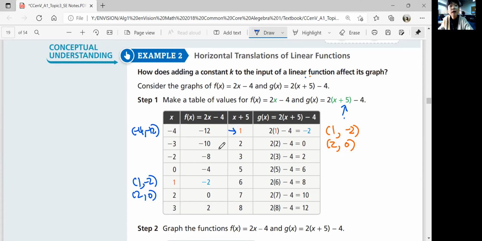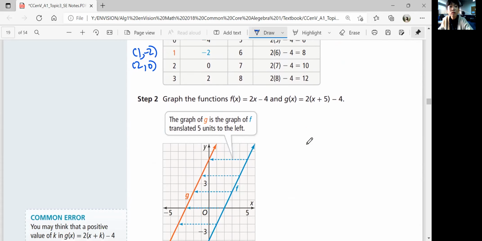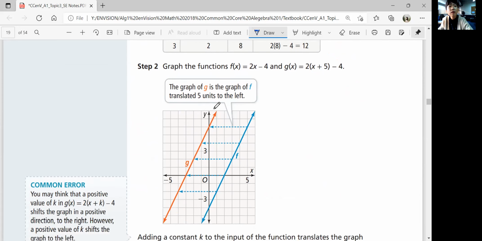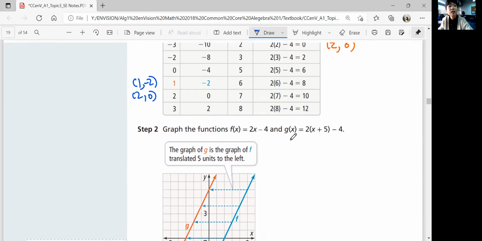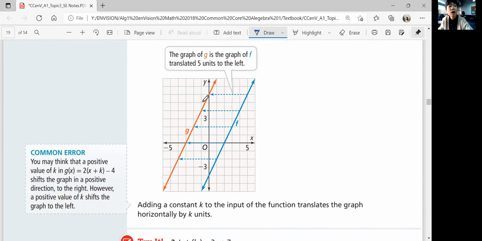Okay, you can graph the functions, right? The graph of g is the graph of f translated 5 units to the left, right? So when they translate, they will have the same points, right?